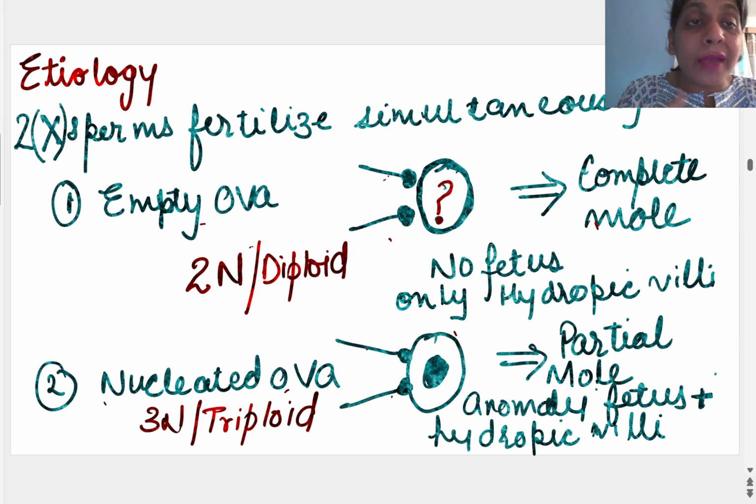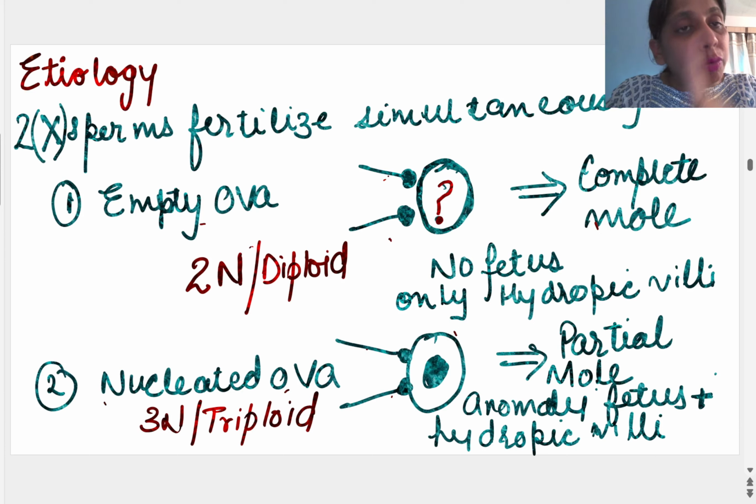Both the sperms will have paternal genotype. So it is asked, don't forget this. Complete mole means no fetus. No fetus means no mother nucleus. No mother nucleus means two sperm genotype. Two sperm genotype means diploid and only paternal.